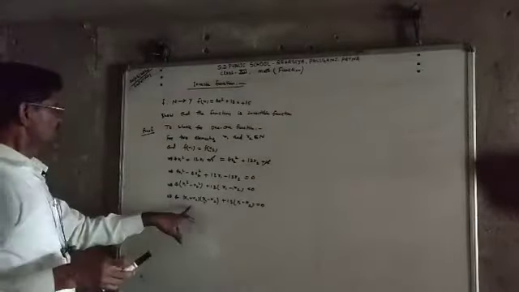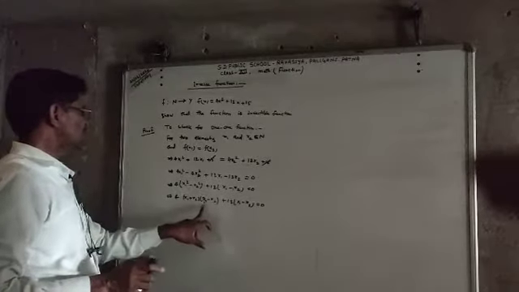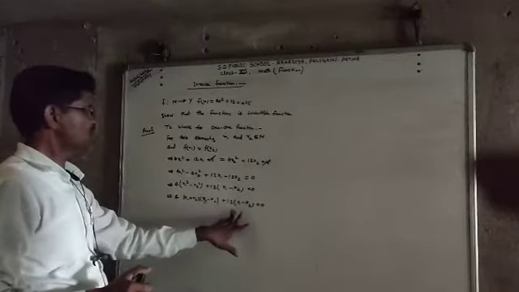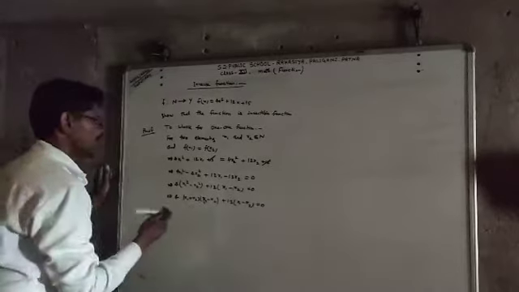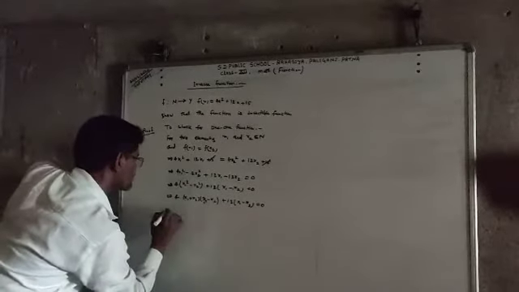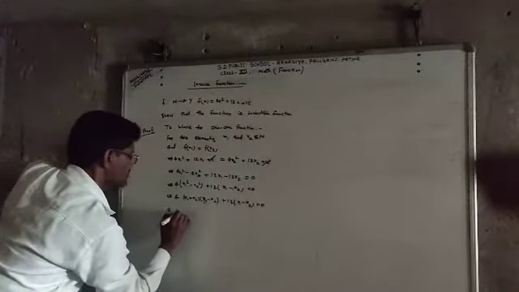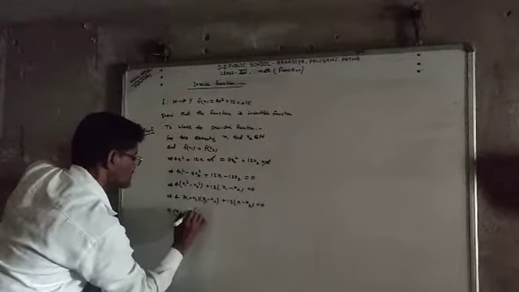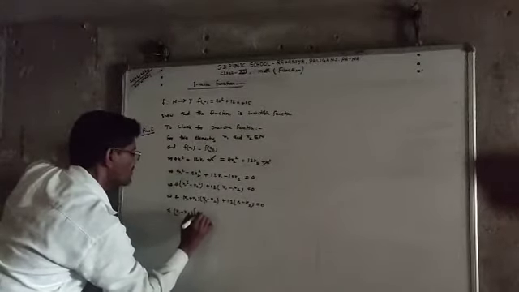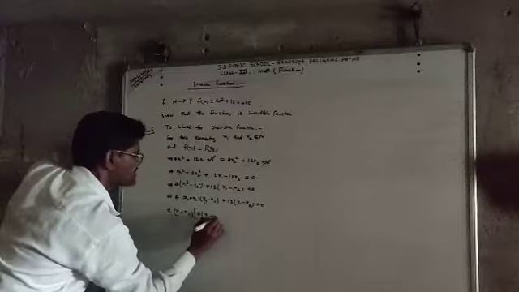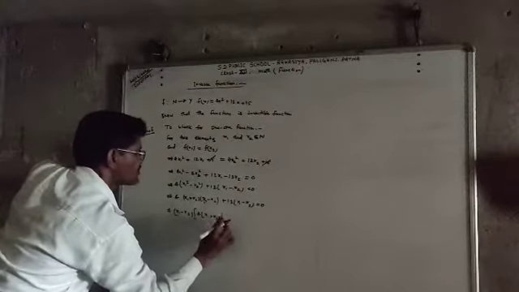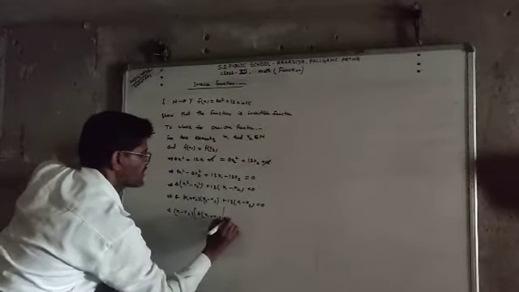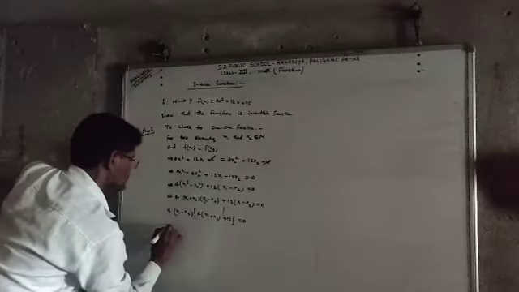We see that x1 minus x2 is the common factor in both terms. Now we can take x1 minus x2 common from both terms. Hence, we find that x1 minus x2 into 4 into x1 plus x2 plus 12 is equal to 0.